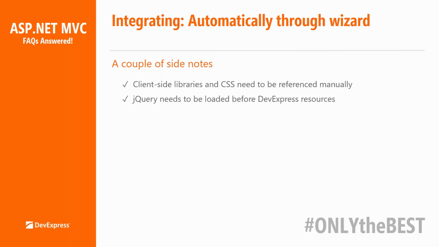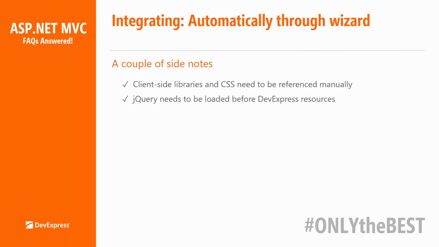And one important aspect is that jQuery needs to be loaded before the DevExpress resources. That is because the DevExpress MVC extensions rely on jQuery. So if you are already using jQuery, a specific version for some reason, you might need to change the loading order so that your jQuery version is loaded first, and then the DevExpress resources are being loaded.